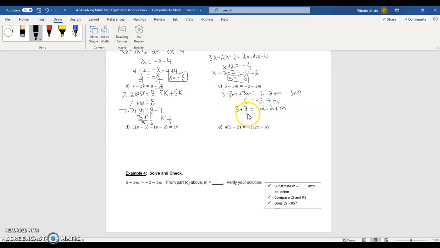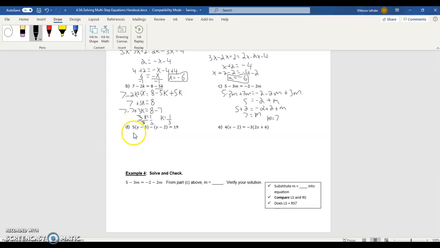And so I get 7 is equal to minus 2 plus 2, which is 0, is equal to m. That's the same thing as saying m is equal to 7. So again, you're going to try this problem again, but you're going to send the variables to the right side instead of the left side.